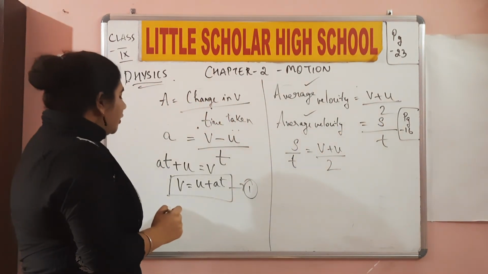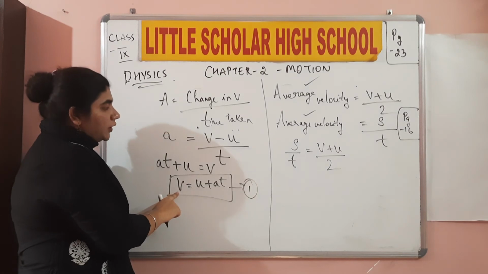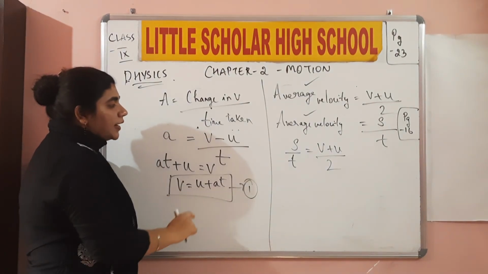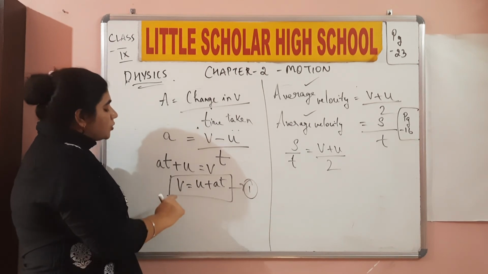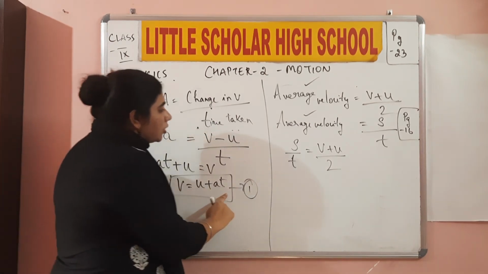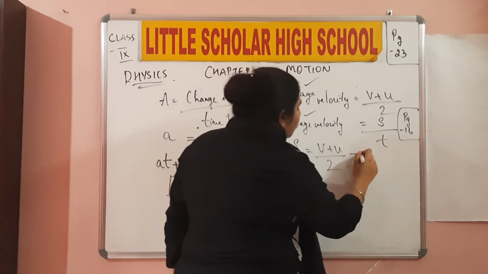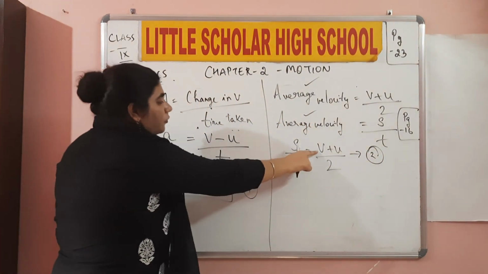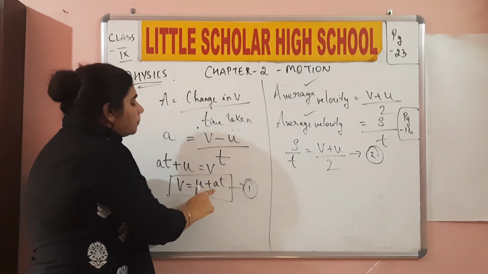Now we have a value here for V. V is equal to U plus AT. Did you see that, class? So we can substitute equation number 1 into equation number 2. If I write this as equation number 2, in place of V, I can write U plus AT.